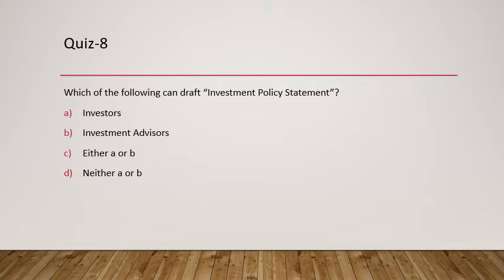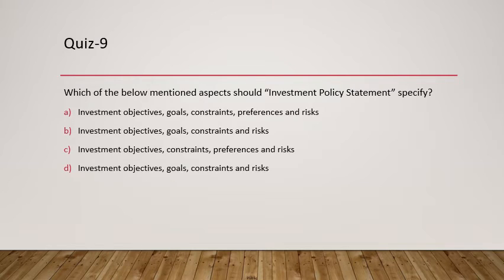As an investor also, you can have your investment policy statement, and that's why the answer here is either A or B. Ninth one is, which of the below mentioned aspects should investment policy statement specify? See, investment policy statement can specify multiple things, right? Which are the relevant ones? That is what we are talking about.